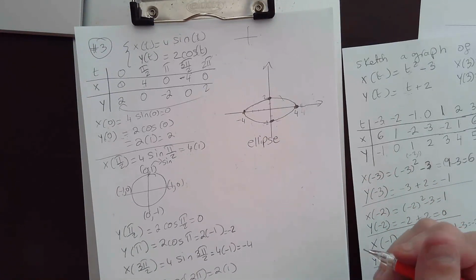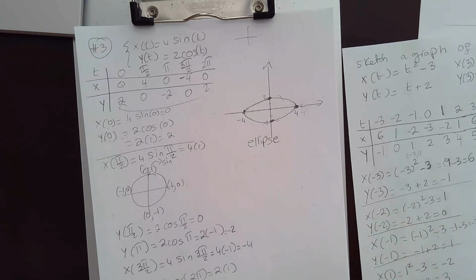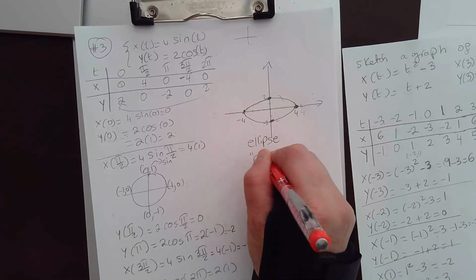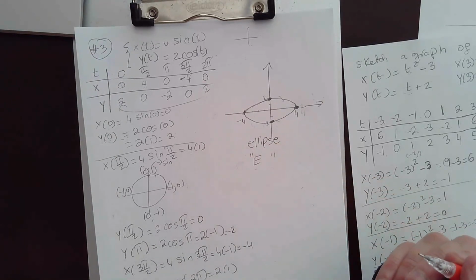So if you go to the book, they're asking you to match each set of equations with one of the graphs. So number 3 would match with graph E. Okay, graph E. So that's an ellipse centered at the origin.